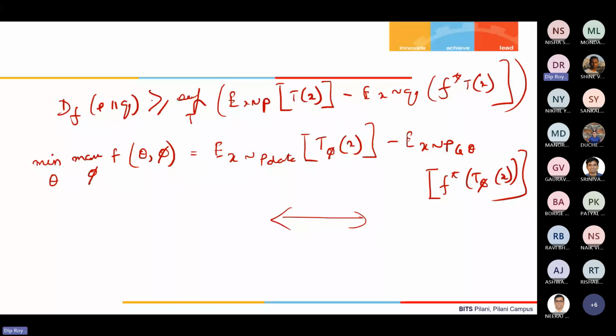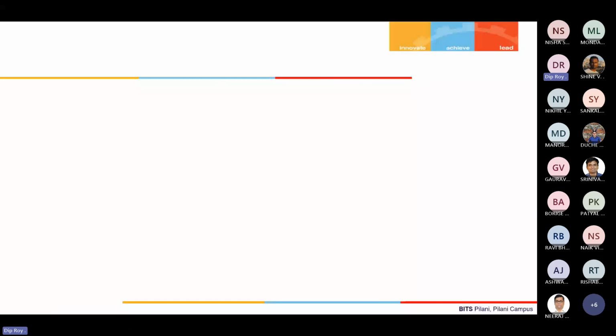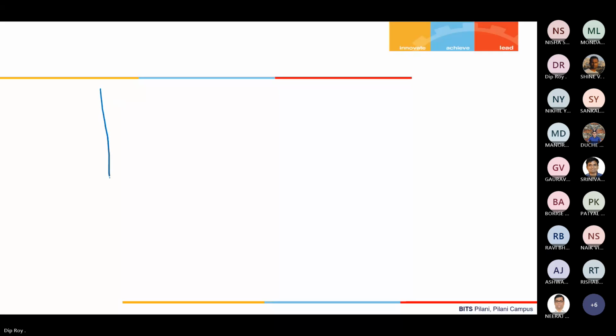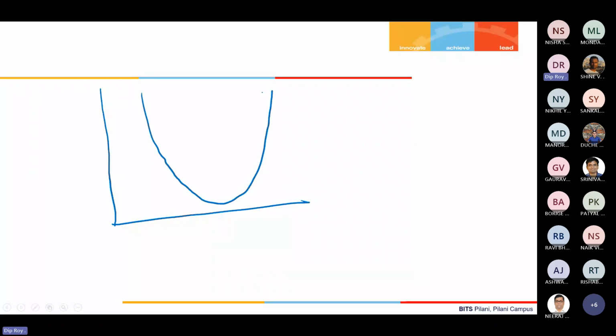Okay. Now the question is, if I just give you this, this is my curve. This is f of u, right? And we will have these lines which are here, similar to what we saw.